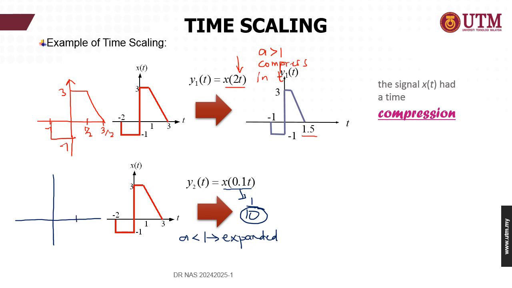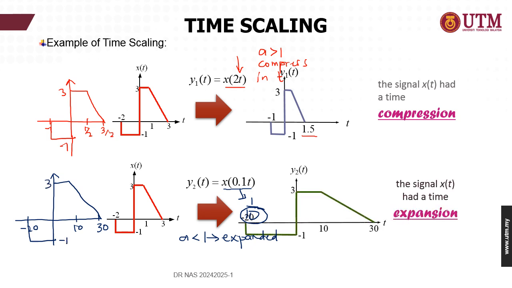So 1 becomes 10, 3 becomes 30, and negative 2 becomes negative 20. There's no change in the amplitude. So now the signal is expanded, getting bigger.